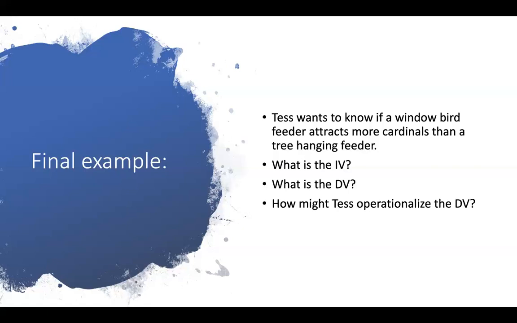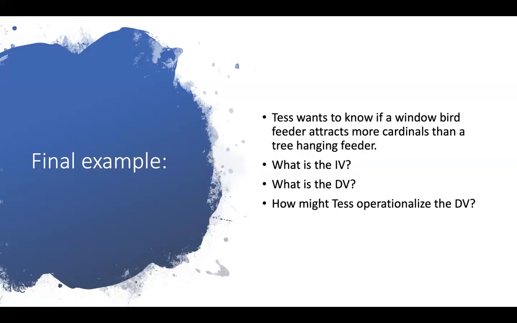And so if you operationalize number of cardinals as just a straight up count, how many cardinals landed on this feeder, then that would be a way of operationalizing that dependent variable. You could count how many times a cardinal landed on the feeder. Well, one of the things you might think about is, what if one of them is really attached to the geographical area right by the tree, and then there are other cardinals that really like that area by the house?